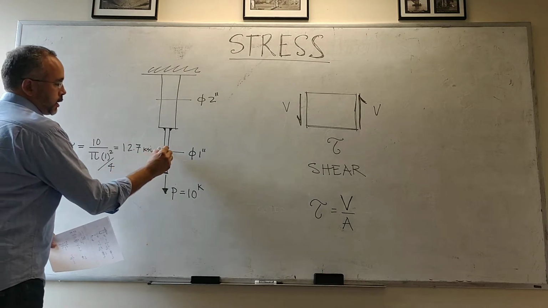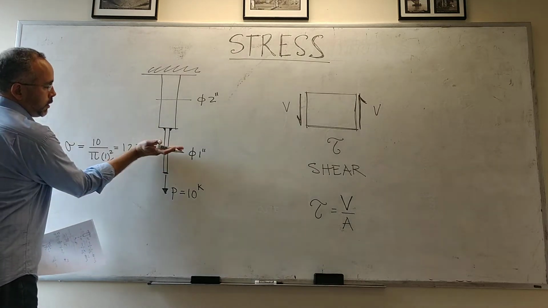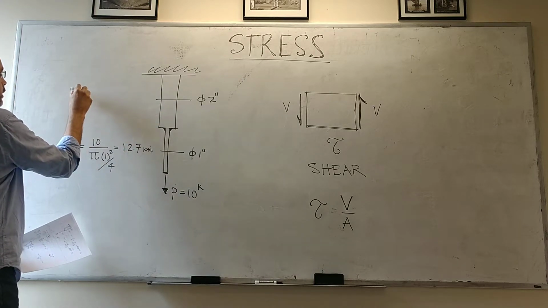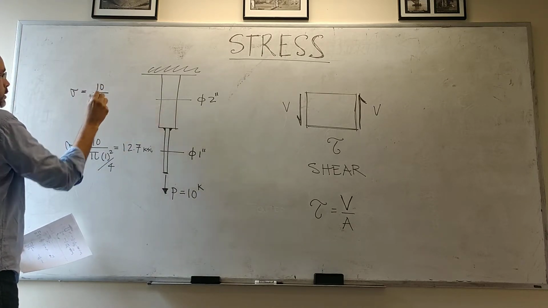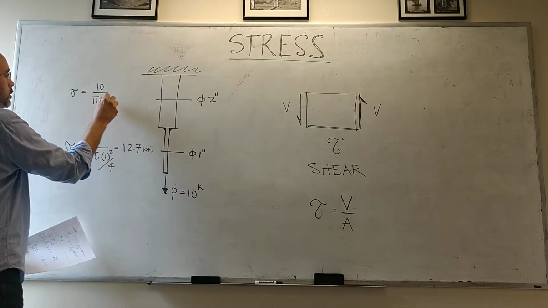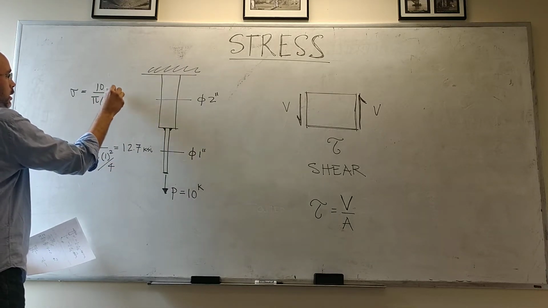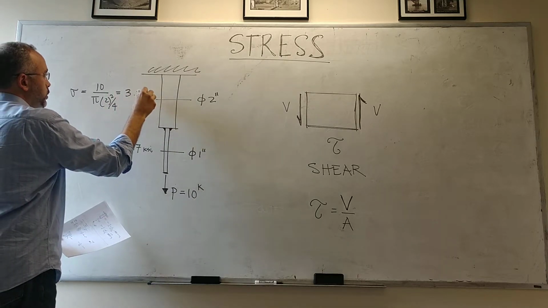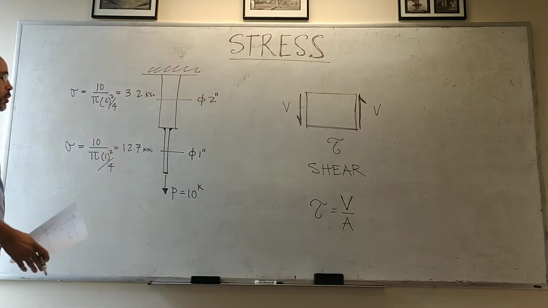Right? So this is the cross section of that member right there. Now, across this cross section here, the force is the same, but the area is different. So the stress changes. In this case, we get a stress of approximately 3.2 ksi.